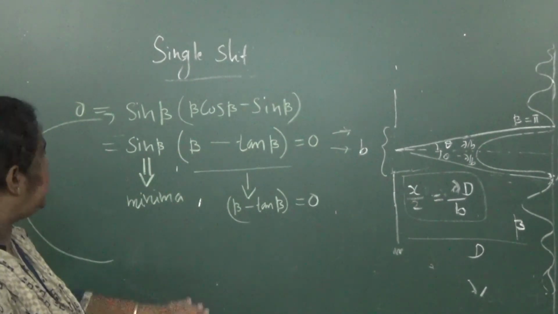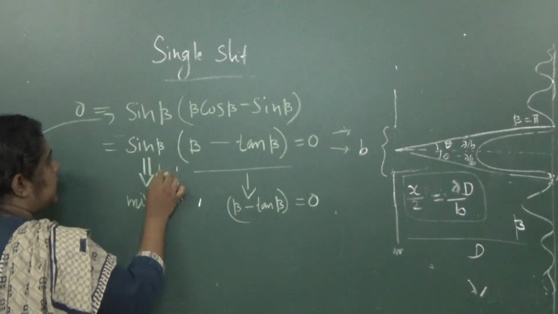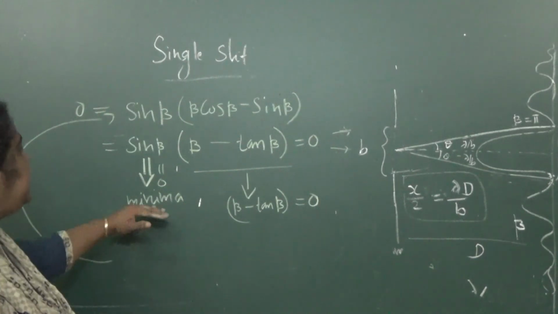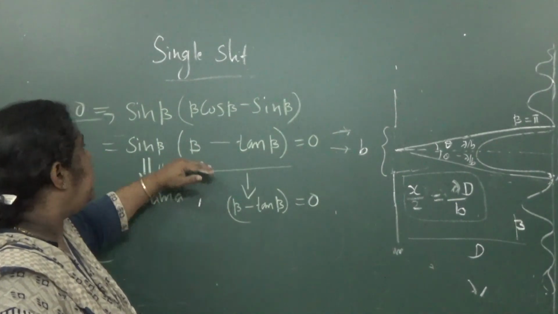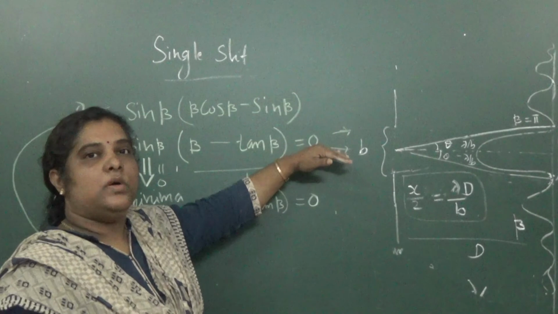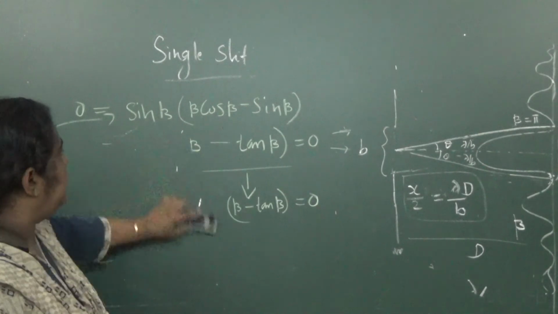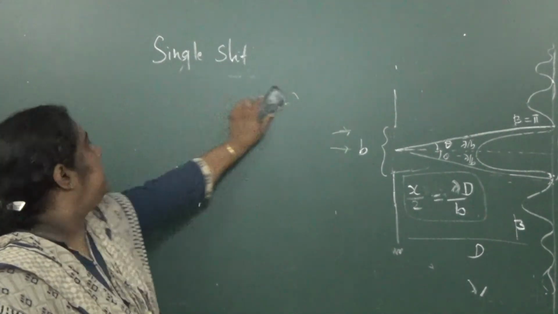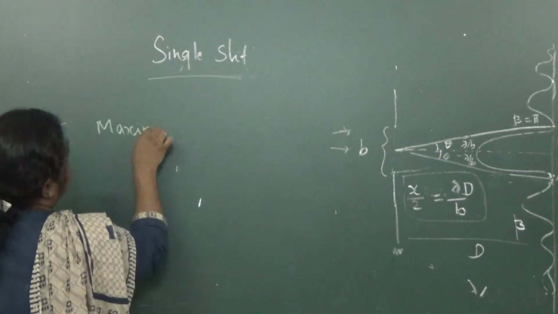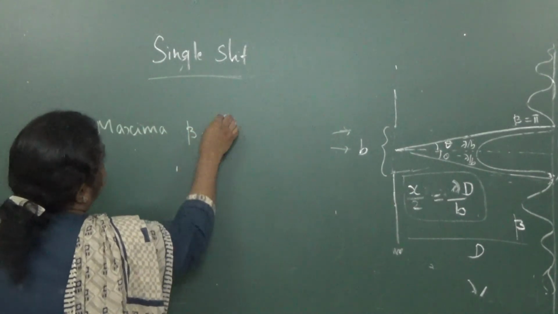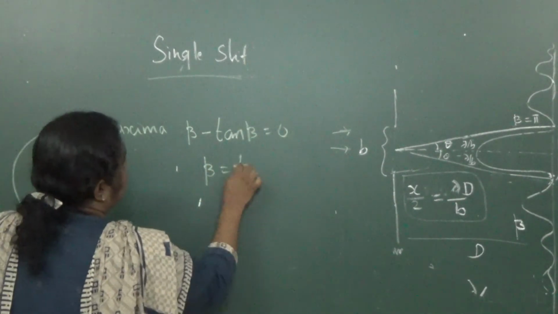But we have already said sin beta is equal to 0 is the condition for minima. So when we are assuming that beta minus tan beta is equal to 0 is the condition for maxima, that is beta is equal to tan beta.